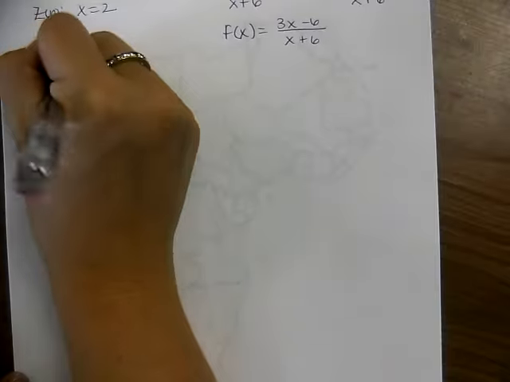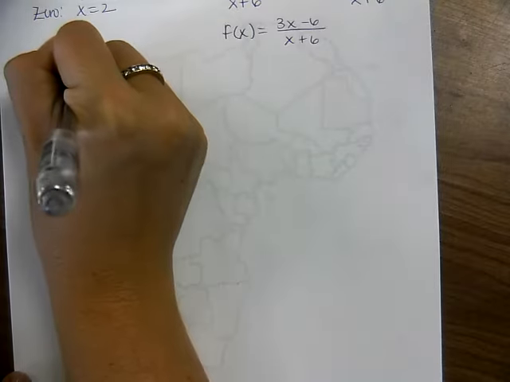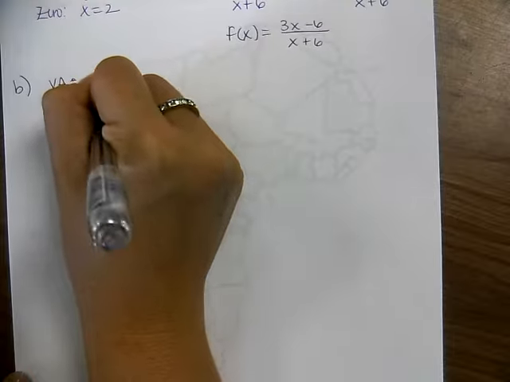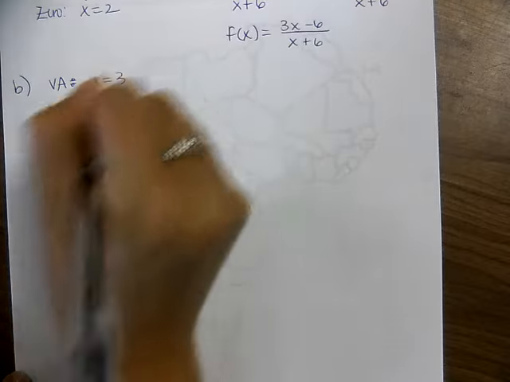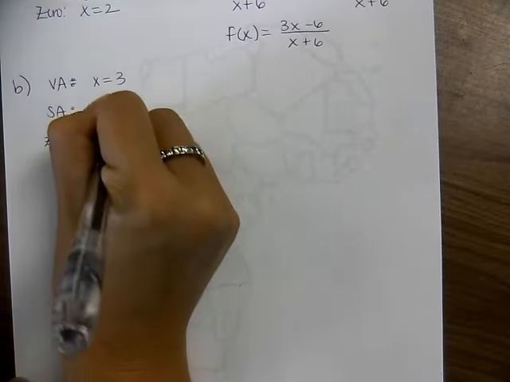Now let's say we're given the vertical asymptote is x = 3. There's a slant asymptote of y = x - 2. And there's a 0 of x = 4.